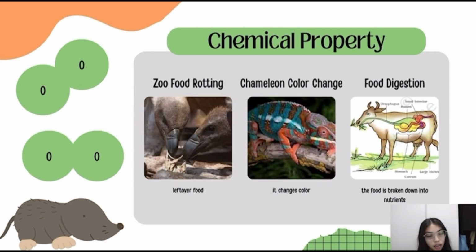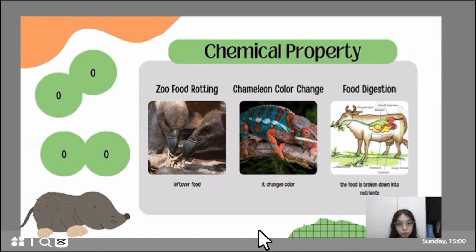After that is leftover food, where bacteria break it down into new substances. Next is the chameleon, which sometimes changes color due to chemical changes in skin pigments. And finally is animal digestion, where food is chemically broken down into nutrients. All of this shows chemical properties in action at the zoo.